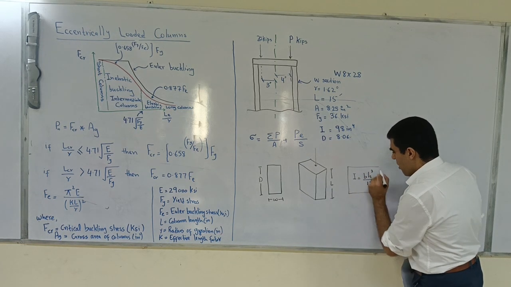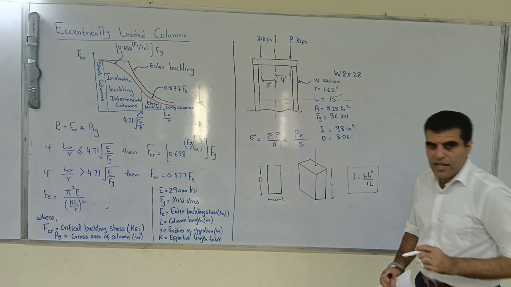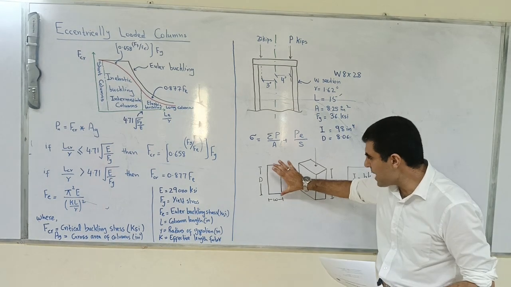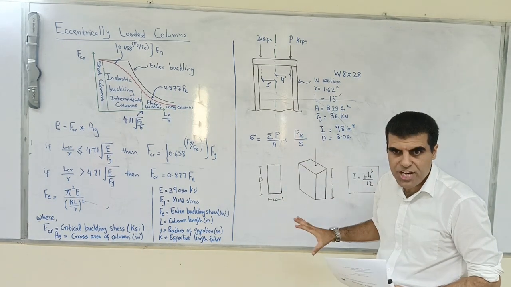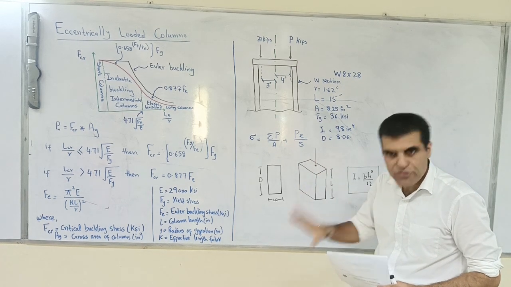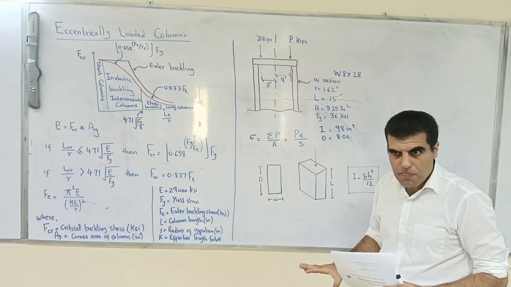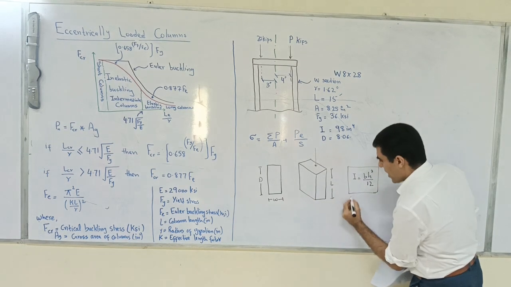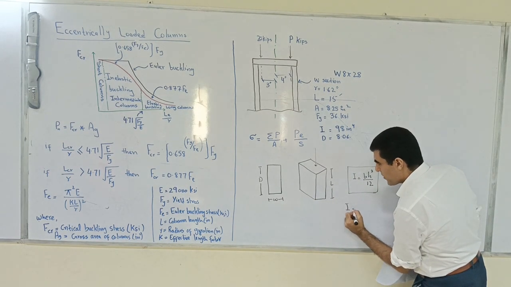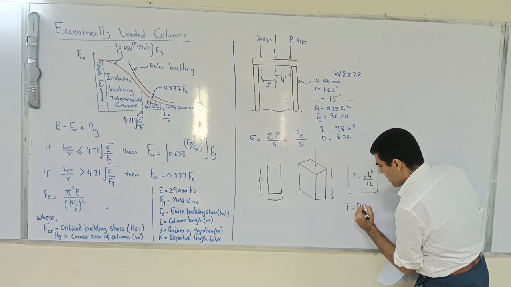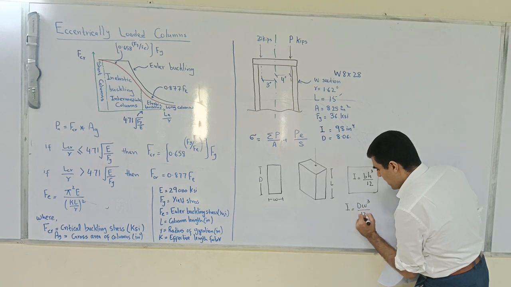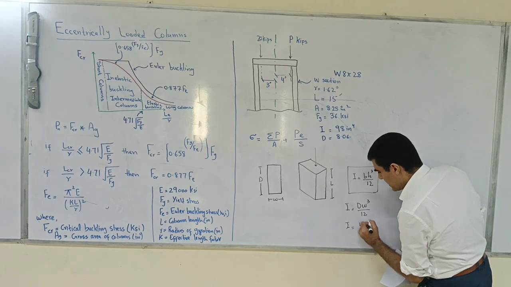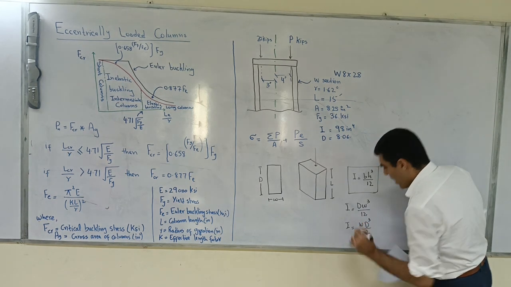That direction which will give us the least moment of inertia, that direction is most critical. So you see, in this case we have I is equal to d w cubed by 12 and I is equal to w d cubed by 12.